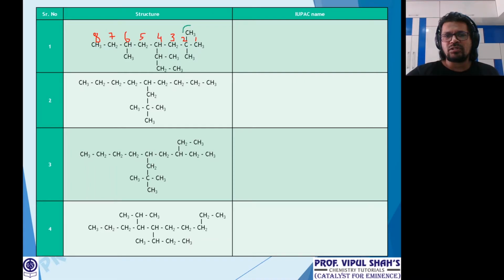One branch is here, that's methyl. There is one more, 2. There is one more, 3. And I have this thing also as a branch. In these names, keep in mind, we can use the common names also. These are like fusion names, half common, half IUPAC, because these are multiple branching.